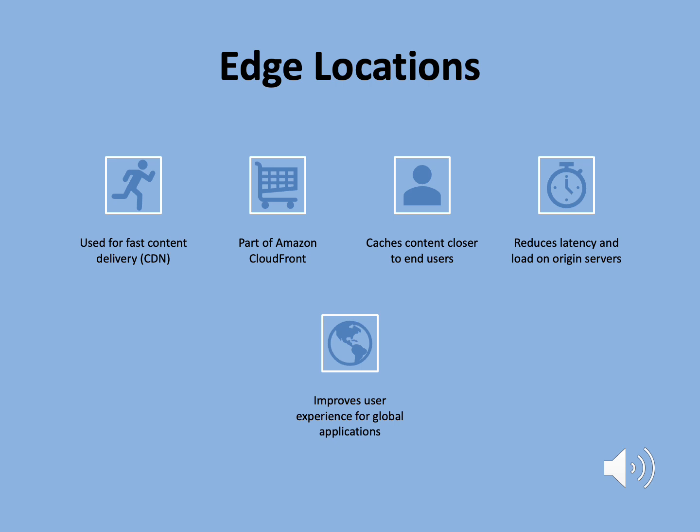This means when a user requests data, it is served from the nearest edge location instead of going all the way to the main server, also known as the origin server. Because of this, latency is reduced and the load on the origin server is minimized. This results in faster performance and a better user experience, especially for applications that are accessed globally.